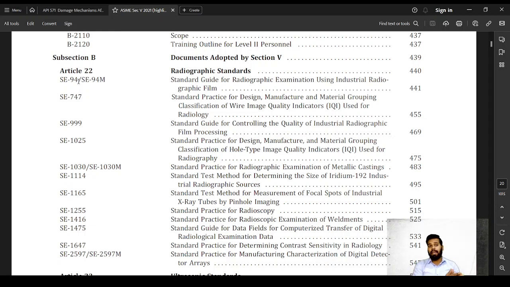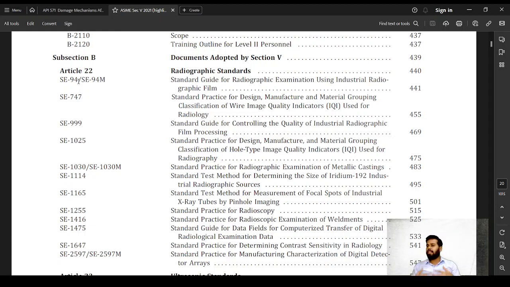Then SE 747. SE 747 is the standard practice for design, manufacturing and material grouping classification for wire type IQI used for radiology. So if you want to make an IQI, the requirements are given in ASME Section 5 Article 2, but how to design it and how to fabricate it, all of those requirements are given in SE 747.